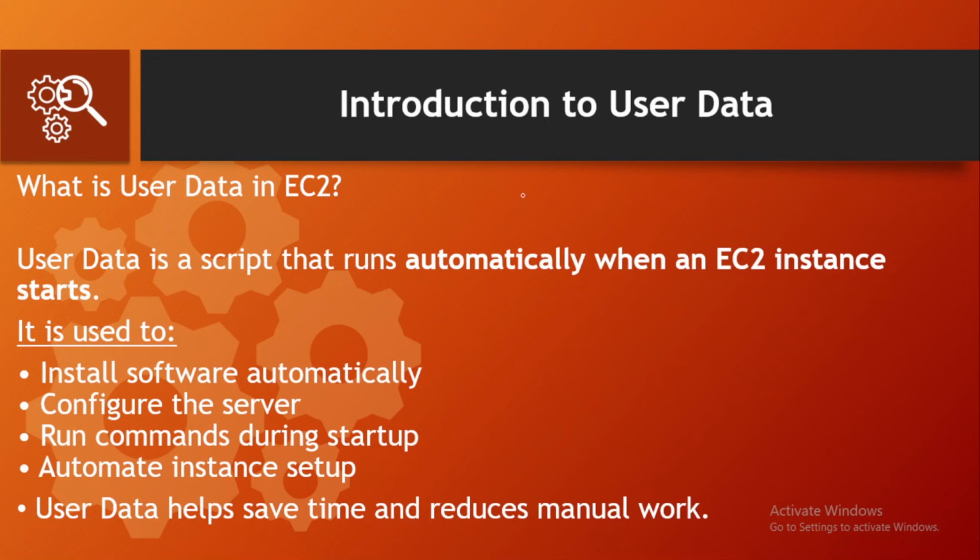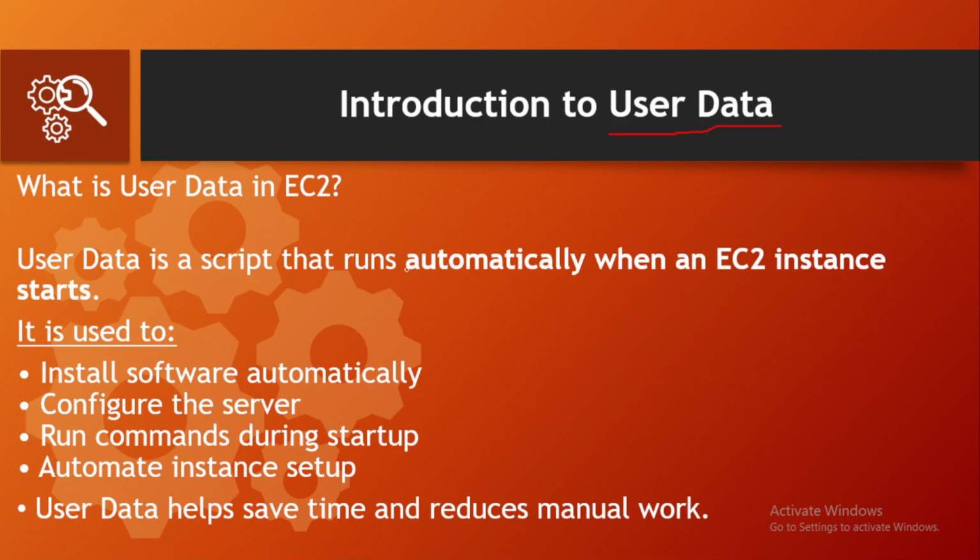In today's video, we will talk about a very powerful feature in EC2 which is known as user data. In AWS, user data is a script that runs automatically when an EC2 instance starts for the first time.